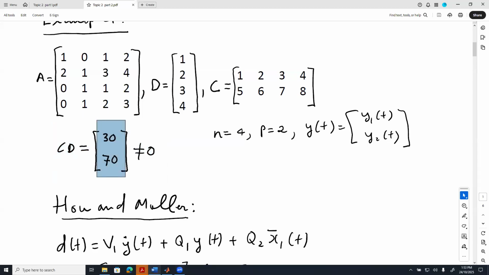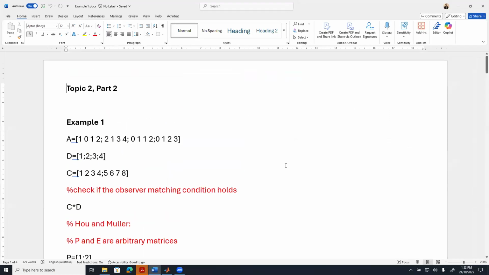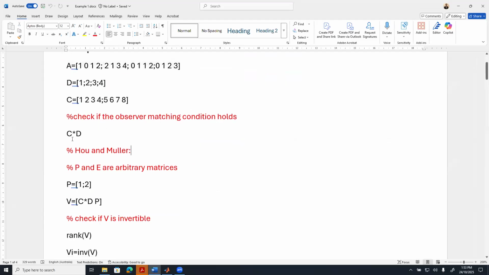If we go ahead and implement the coding using the Hou and Muller method, this is what we put in. We have the matrices A, D, and C. The first thing we need to do is check whether the observer matching condition holds or not. Of course, this should give us a non-zero column.